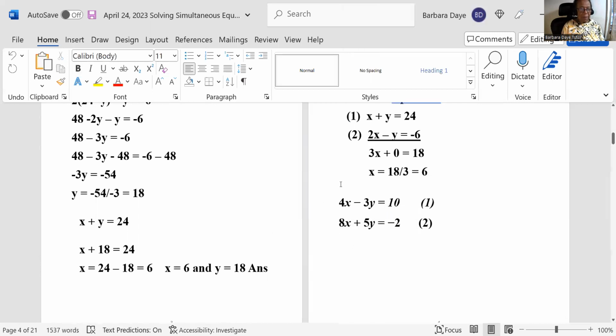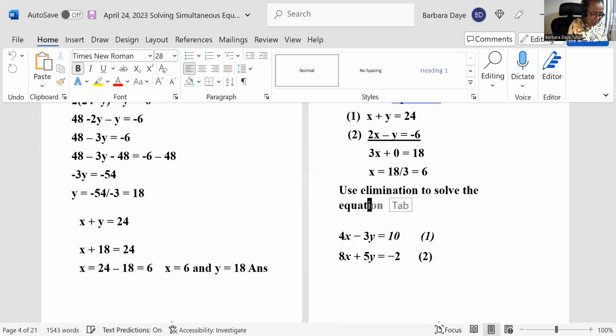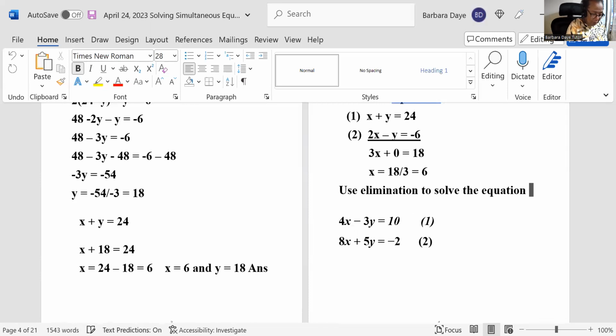I'll put here: use elimination to solve the equation below.